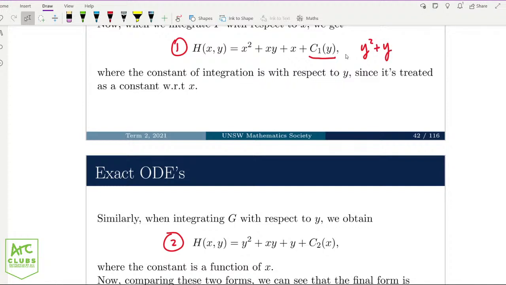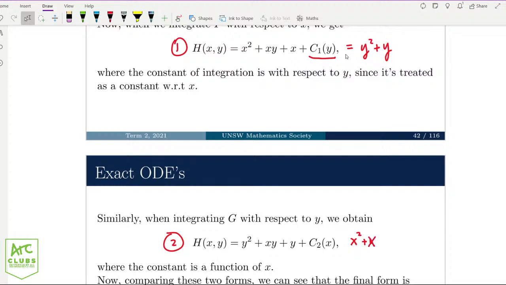So that tells us that our c1, our constant in terms of y, is equal to y squared plus y. Similarly, if we compare our second expression against the first expression, we're missing an x squared plus x.